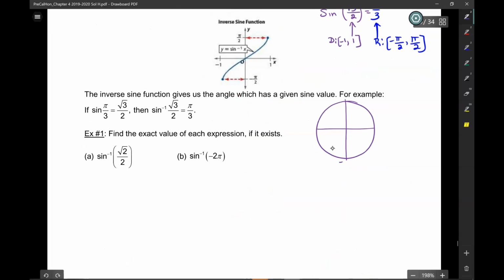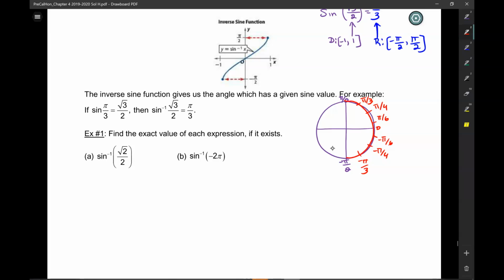Where is negative pi over 2? Here. Where is pi over 2? Here. So my values are only going to be from negative pi over 2 to pi over 2. I can have 0, pi over 6, pi over 4, pi over 3, pi over 2, negative pi over 6, negative pi over 4, negative pi over 3, and so on.